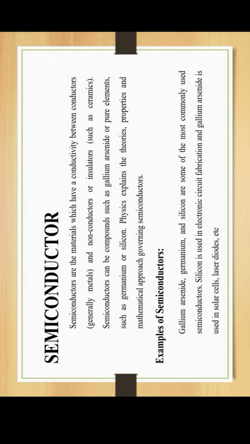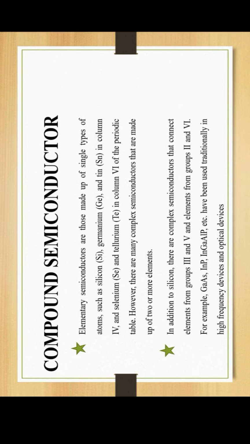Compound semiconductor. Elementary semiconductors are those made up of a single type of atom, such as silicon Si, germanium Ge and tin Sn in column 4, and selenium Se and tellurium Te in column 6 of the periodic table. However, there are many complex semiconductors that are made up of two or more elements.